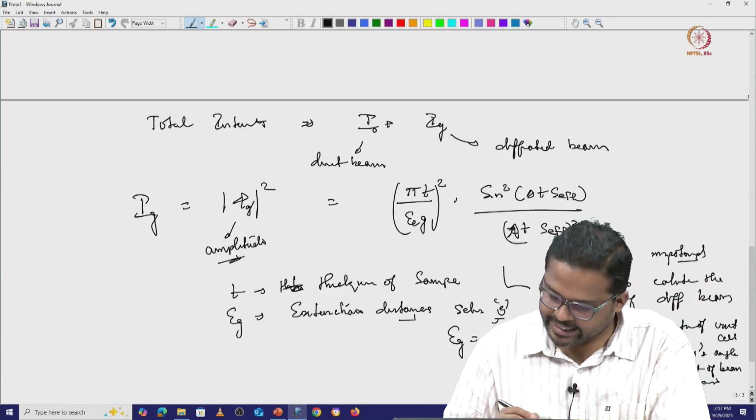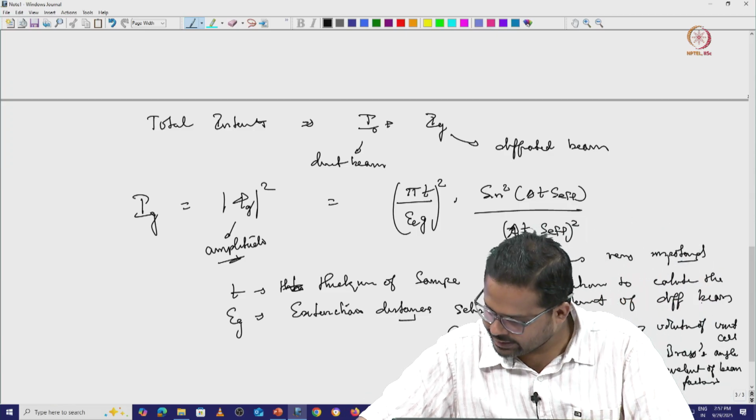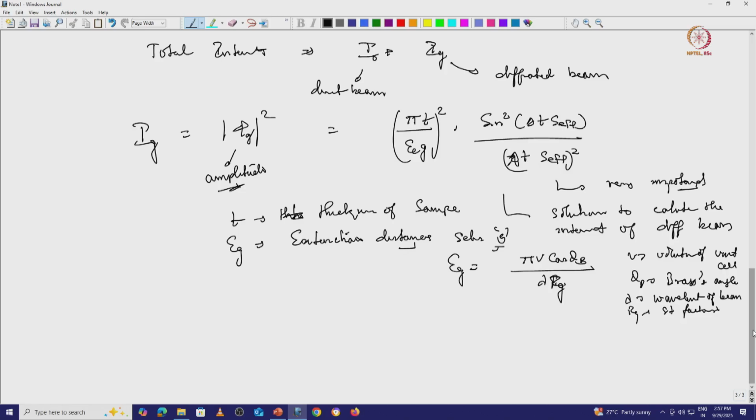Okay. So, for any given sample material, in this psi g equation, your volume, lambda and Fg are known. So here the only thing which is unknown is theta b, which is the Bragg's angle. So your psi g is proportional to your theta b.